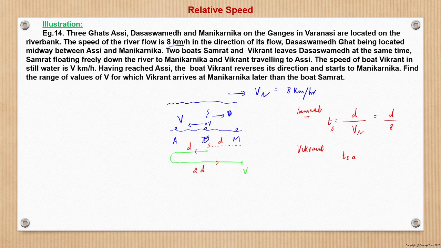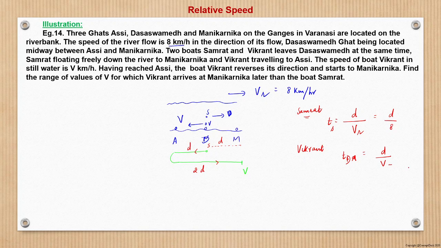The time from Dasaswamedh to Assi is D upon V minus VR, which I write as V minus 8.